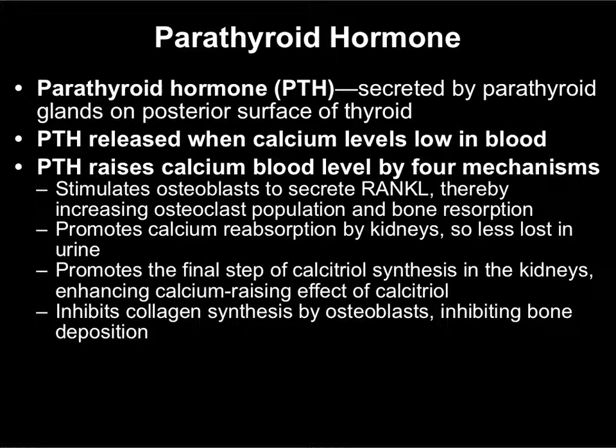So let's start off with parathyroid hormone. First off, your parathyroid hormone is secreted by your parathyroid glands. Your thyroid is at the base of your neck, in the lower portion of your neck, underneath where your Adam's apple would be if you have one. And your thyroid is a big gland that controls a lot of different things.